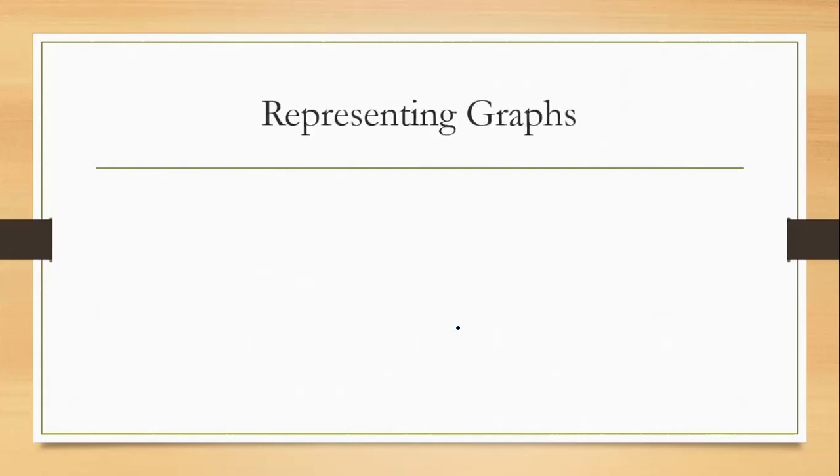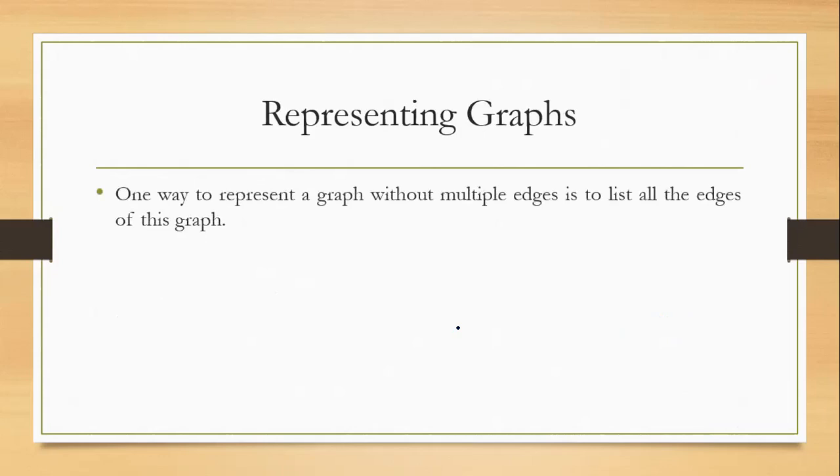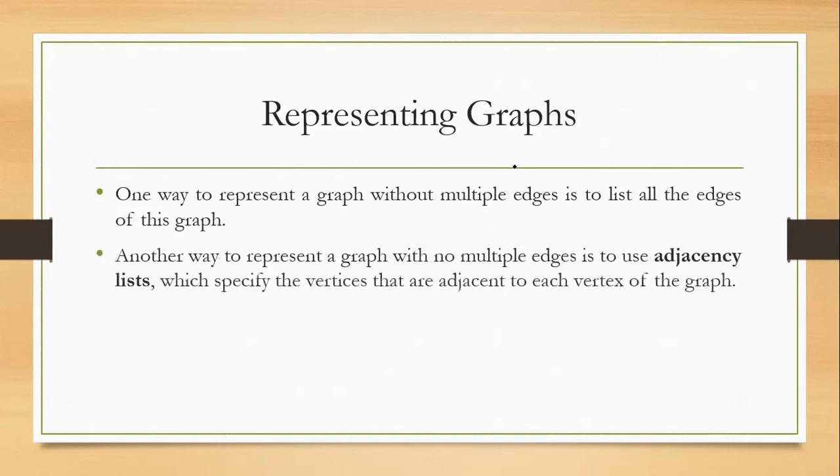So for now, how do we represent a graph? One way to represent a graph without multiple edges is to list all the edges of this graph. So we are talking about a simple graph. How to represent a simple graph? First, we will see that.